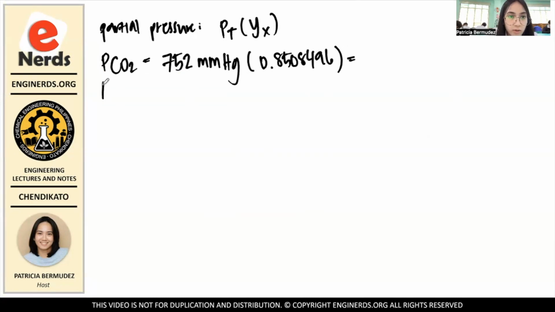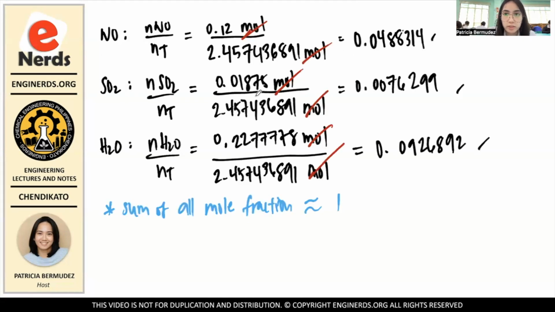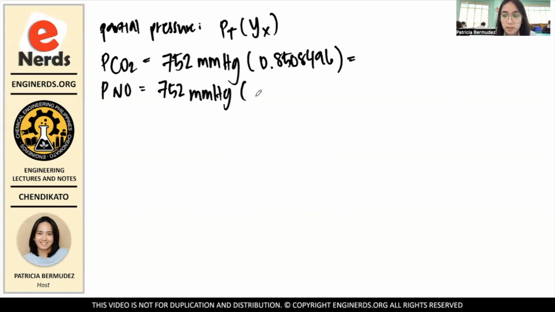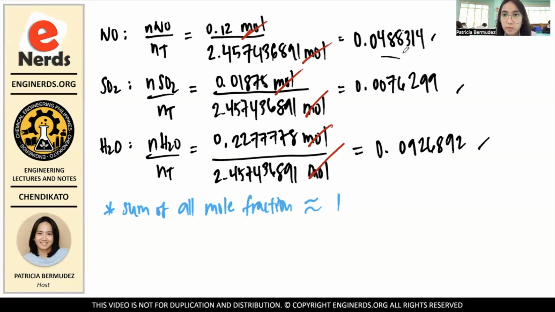And then for nitrogen oxide, we have 752 millimeter mercury multiplied by the mole fraction, which is 0.0488314.